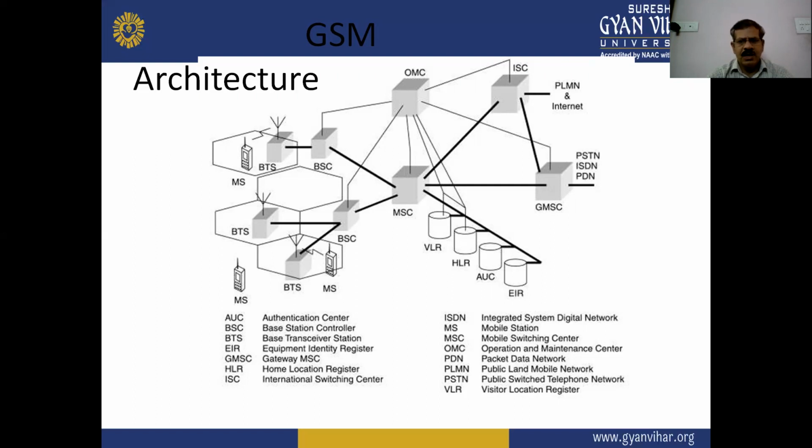Also in the GSM architecture: ISDN, integrated services digital network; MS, mobile station; MSC, mobile switching center; OMC, operating and maintenance center; PDN, packet data network; PLMN, public land mobile network; PSTN, public switched telephone network; and VLR, visitor location register. So these are some parts of the GSM architecture.